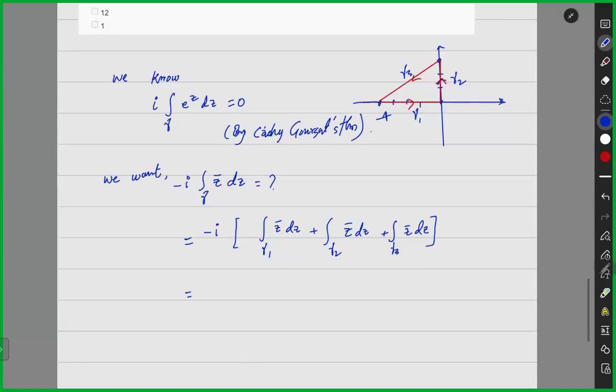Gamma 1 of t is equal to 1 minus t times minus 4. Means when t is equal to 0, we are getting minus 4, and when t is equal to 1, we are getting 0.